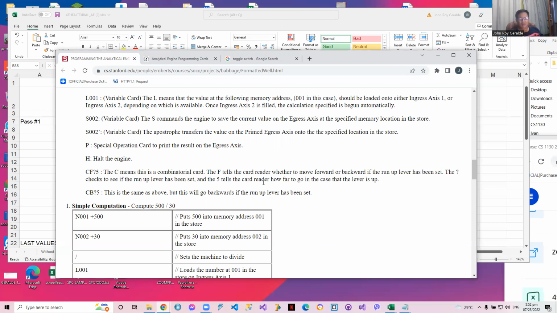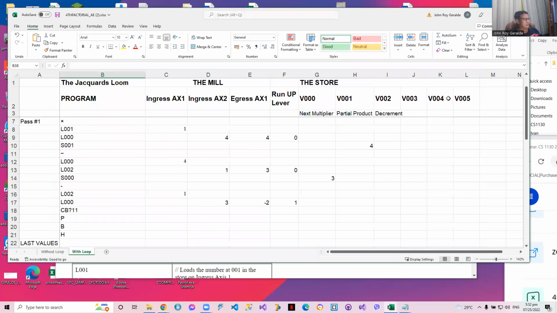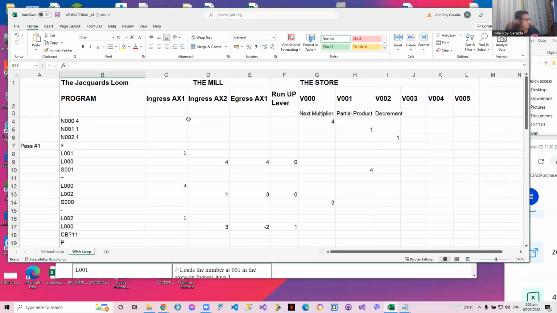If it's non-negative, meaning 0 or positive, it's set to 0. Do you follow? So this is the mechanism for writing the repetition structure for the analytical engine.